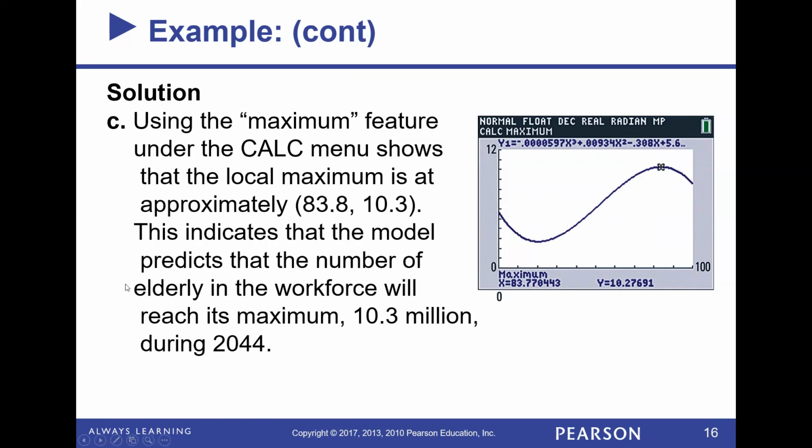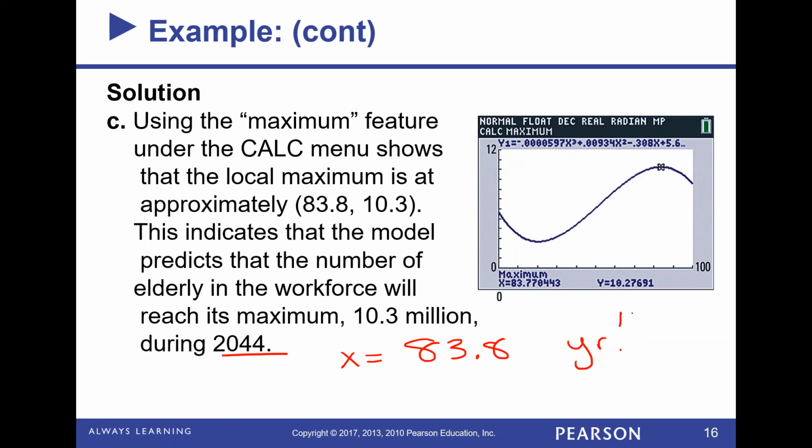2044. Now, if you're unsure where I got the 2044, do remember that we said 83.8 is our X. And we have to figure out what year that correlates to. You take your 0 year, which is 1960 in this case, and add it to that.